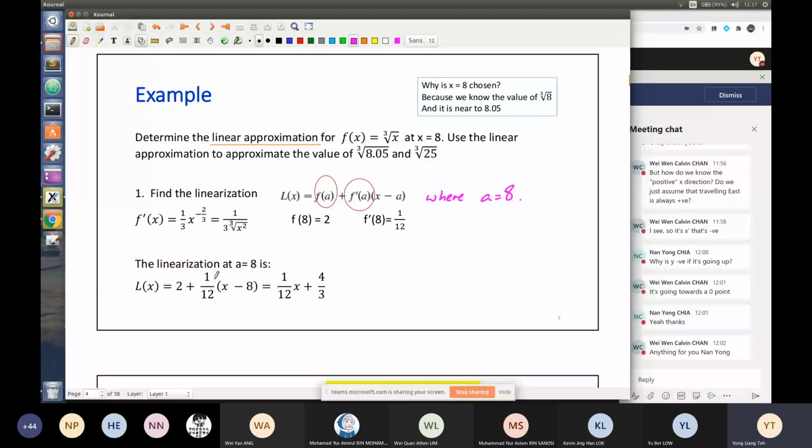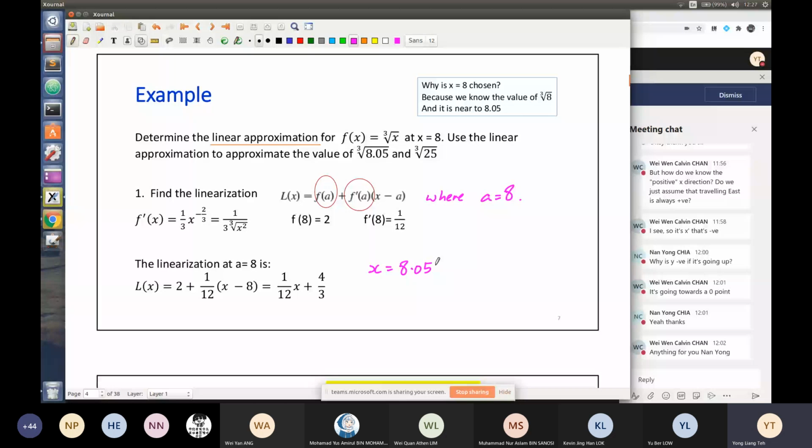Then you have x, which is your unknown, so the unknown is 8.05. So the linearization is actually 1/12 x plus 4/3, because it's 2 minus 8/12. So you should get 4/3.